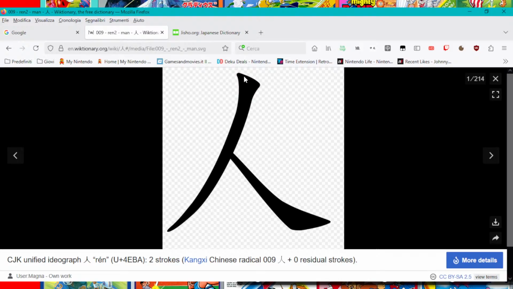As usual, top to bottom, slanted, and then top to bottom slanted, like this, globally left to right. Top to bottom slanted, top to bottom slanted, as you can see also here with the arrows.